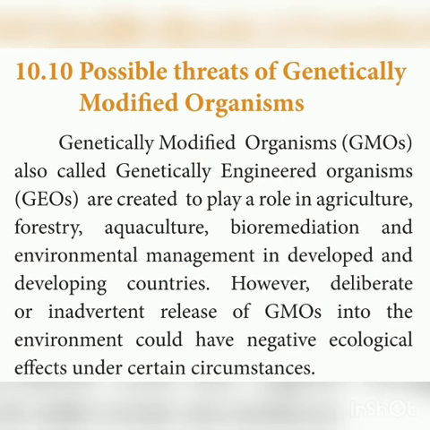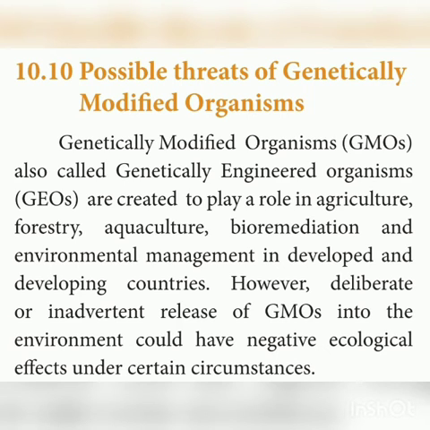And then there are so many possible threats of genetically modified organisms. Genetically modified organisms, also called genetically engineered organisms, were created to play a role in agriculture, forestry, aquaculture, bioremediation, and environmental management in developed and developing countries.